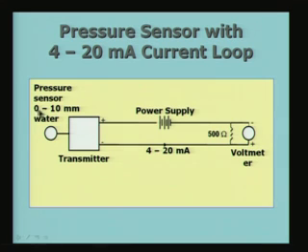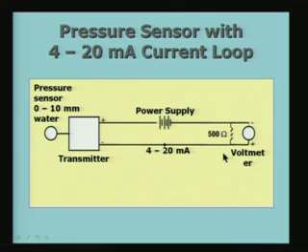So, we have 0 to 10 millimeters as the range of the pressure sensor, and the pressure sensor transmits the pressure signal in the form of a 4 to 20 milliampere current. This current is maintained by using a power supply, as I indicated in the last lecture. It can be 12 volts or 24 volts or some such power supply.